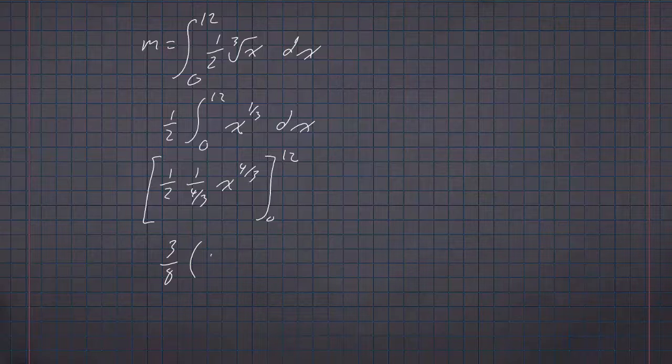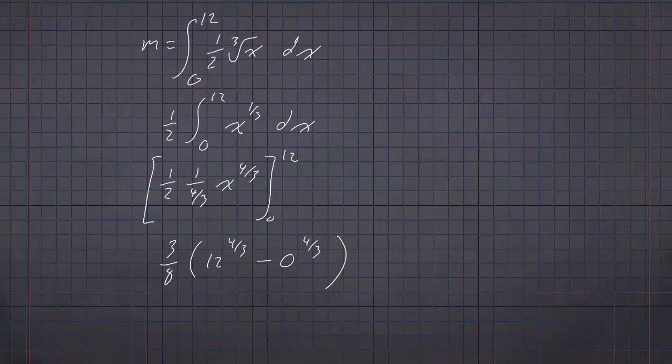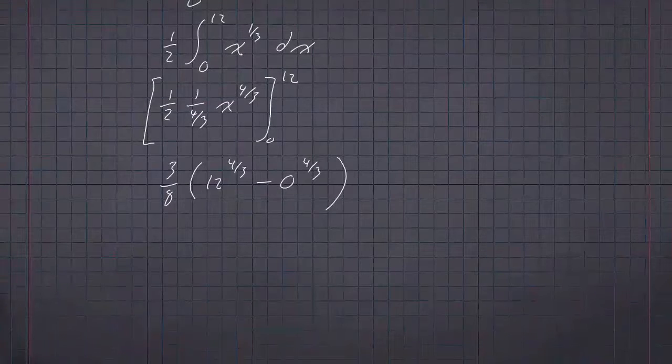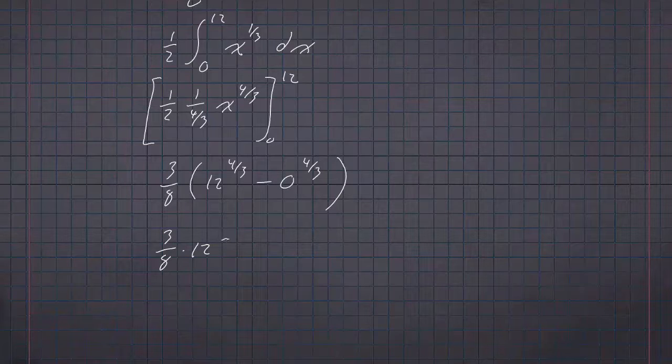And then we have 12 to the 4/3 minus 0 to the 4/3. 0 to the 4/3 is 0. So we have here 12 to the 4/3, which is the same thing as 12 times the cube root of 12.